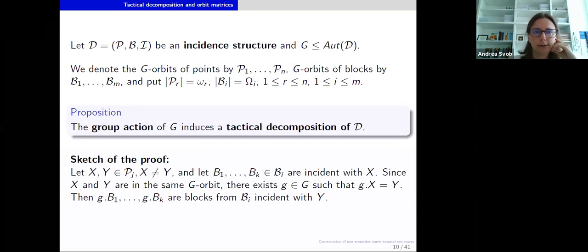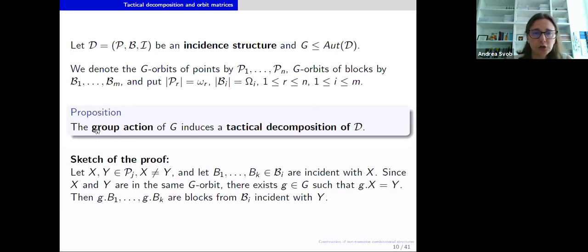We will denote the G orbits of points P1 up to Pn and G orbits of blocks by B1 up to Bm, and we will put that the size of each G orbit of points will be labeled with omega r, and the size of each block partition will be equal to capital omega I. Okay, r must go from 1 to n, the number of partitions of points, and i must go from 1 to m, the number of partitions of blocks.